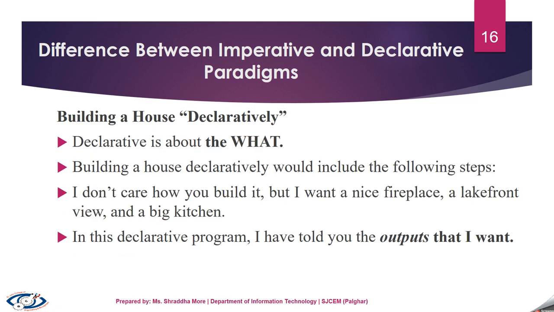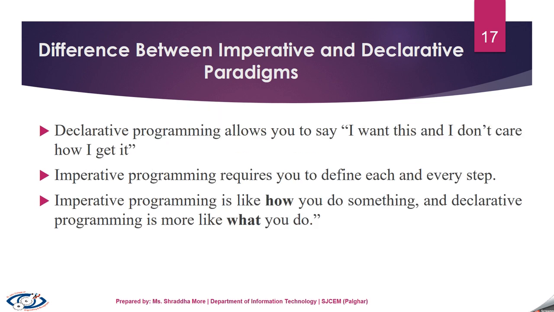Next we'll see the same example, how we can do it declaratively. Declarative is about what. So building a house declaratively will include the following: I don't care how you build it, but I want a nice fireplace, a lakefront view and a big kitchen.